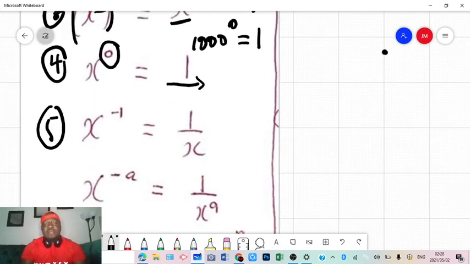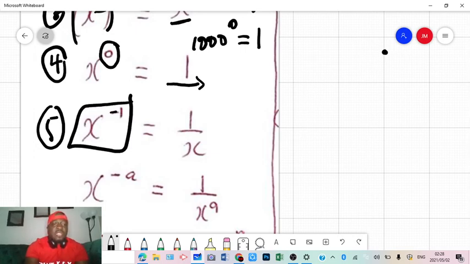And number 5. Number 5 is very important, it's very crucial, because most learners find it difficult to simplify when they get an exponent with a negative index. What I always encourage is that you block your negative and take the index as a denominator.